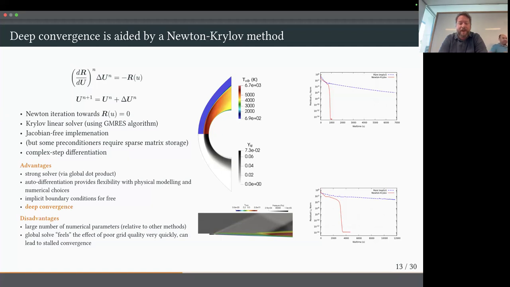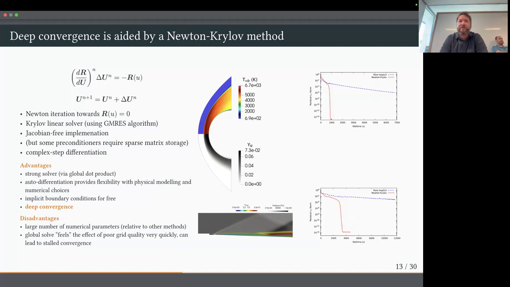We get implicit boundary conditions for free, essentially, thanks to that Fréchet derivative. And the reason we went down this out of the starting blocks was that deep convergence. We need this, and we're not going to shy away from it for our adjoint work.